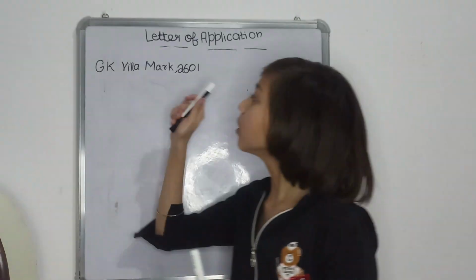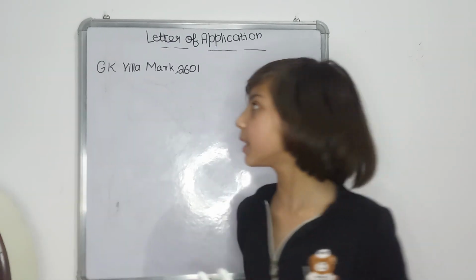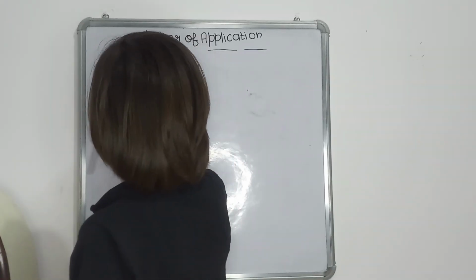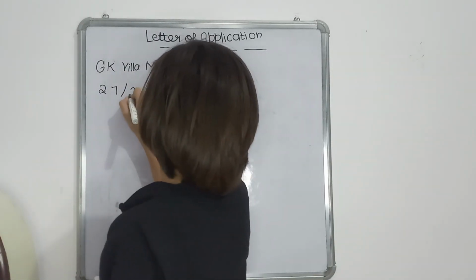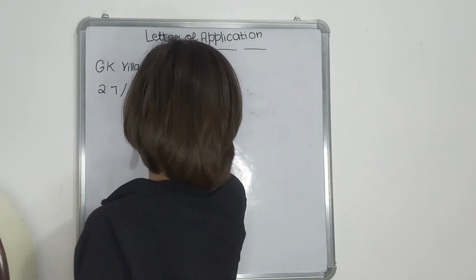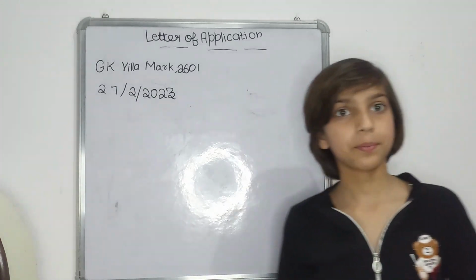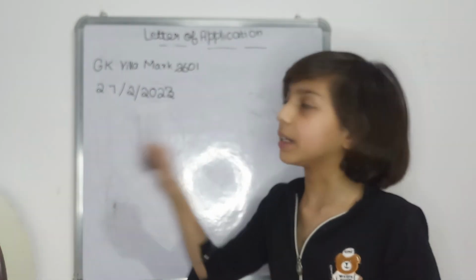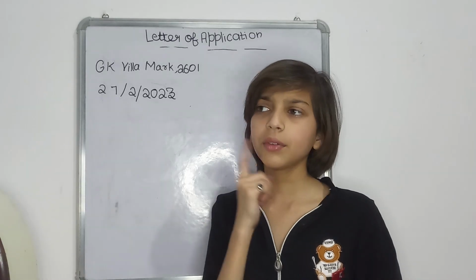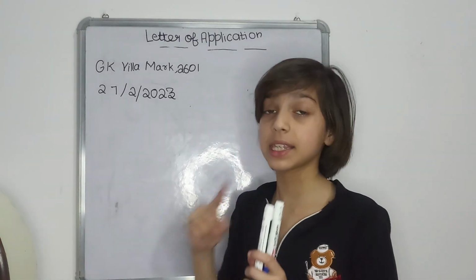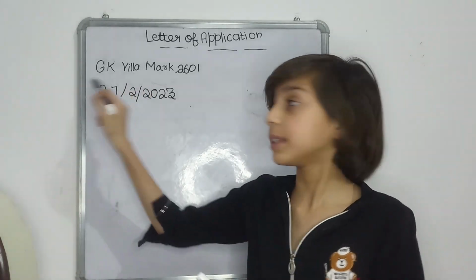So this is the address. Then what was the date? Today's date is 27 June 2023. Then we were supposed to write the receiver's address. Again we can write any address, but don't write the same address.